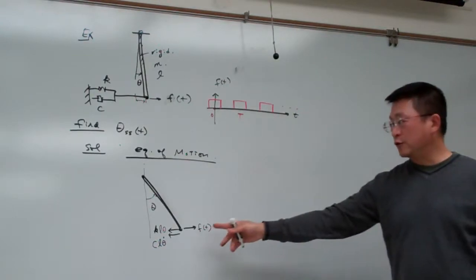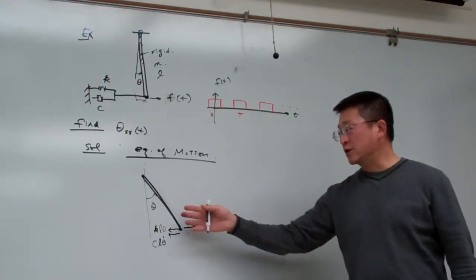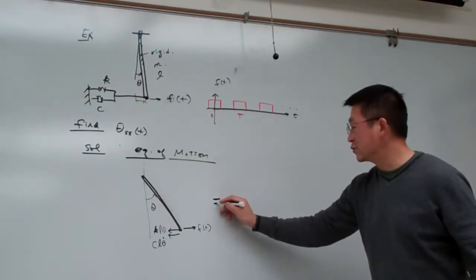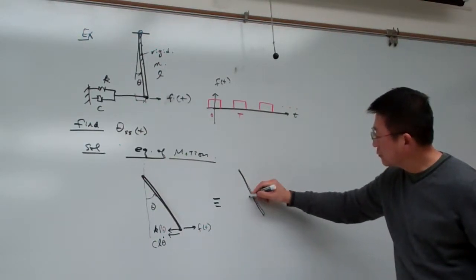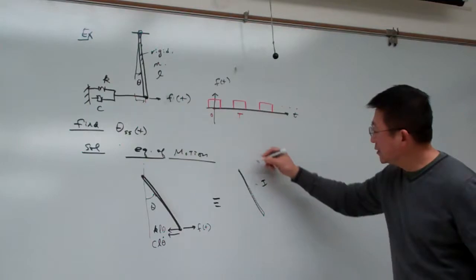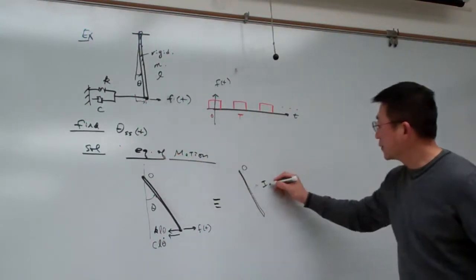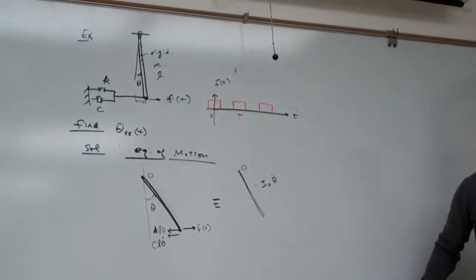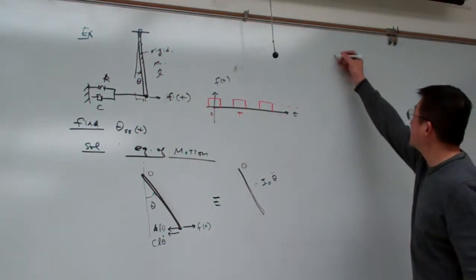The forces produce a corresponding moment to make the motion around this pivot here. So this is equivalent to I, let me call this pivot point O, I_O theta double dot.